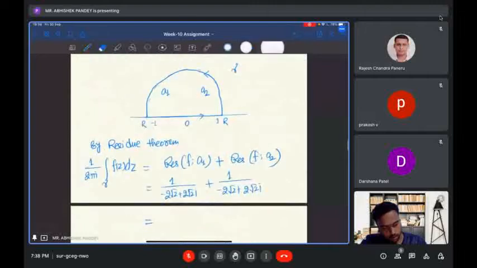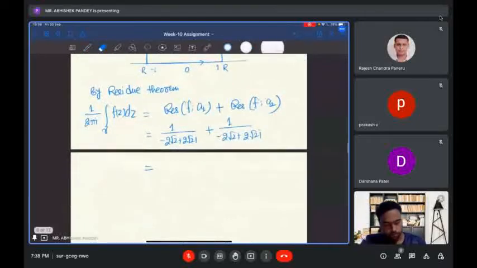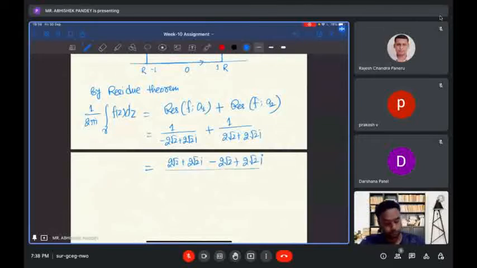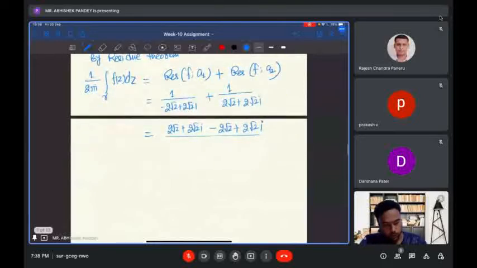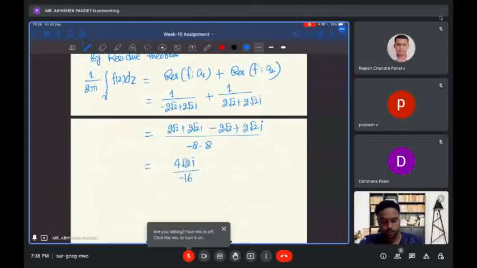So this you will get 2 under root 2 plus 2 under root 2 i, and this you will get 4 under root 2 i minus 16.